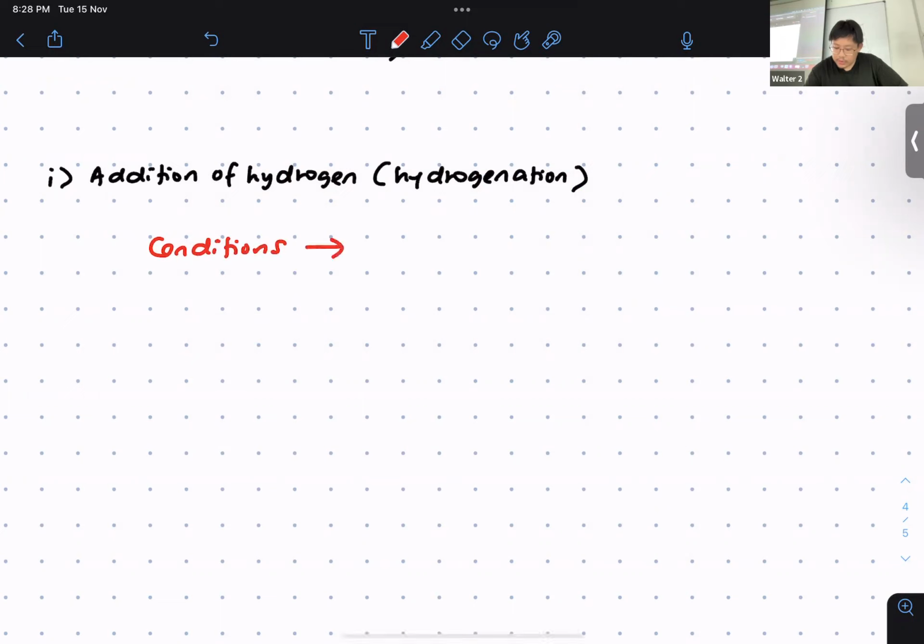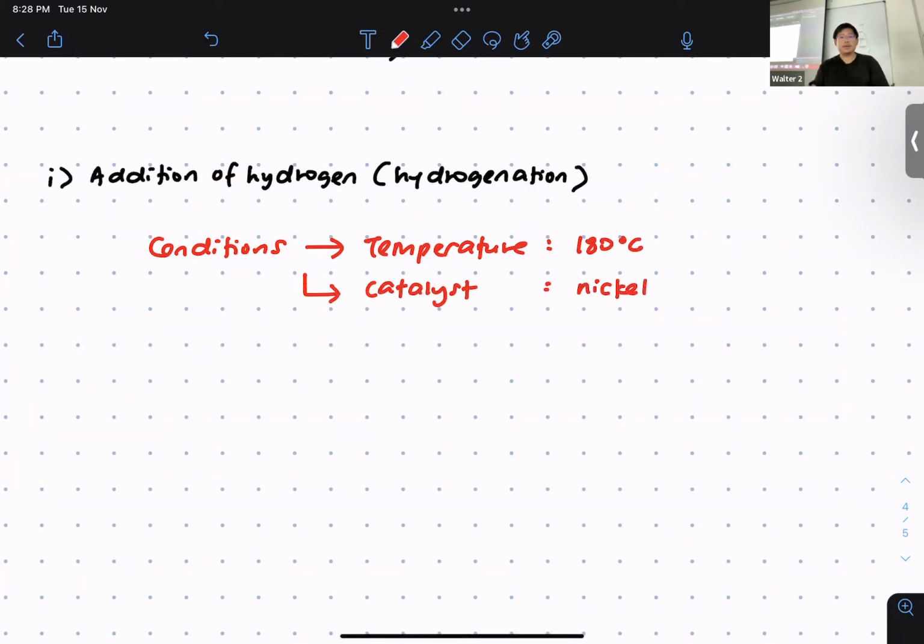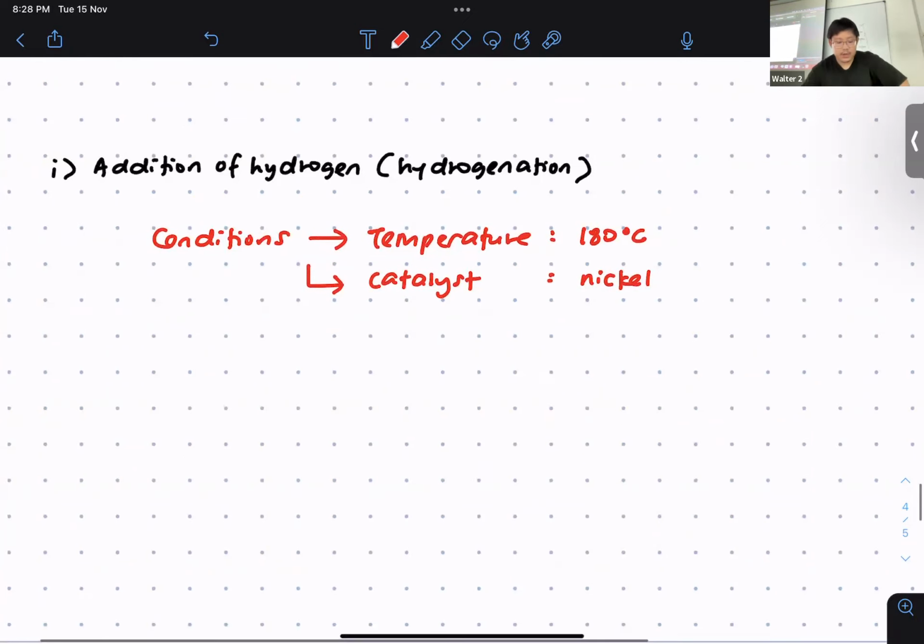There are two conditions over here. Number one is that it must be conducted at a temperature of 180 degrees Celsius. And secondly, the catalyst used is nickel. So those are the two things that you must remember for hydrogenation.